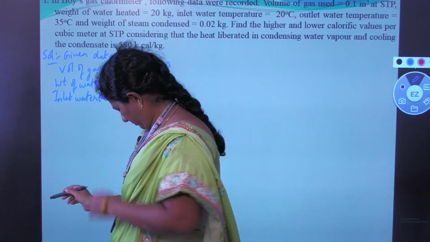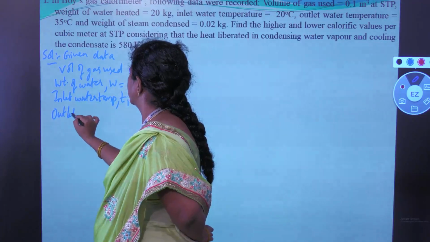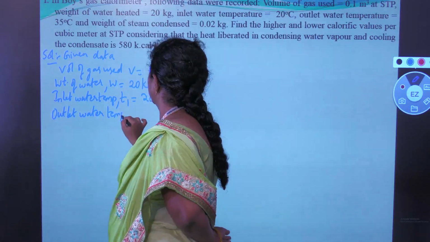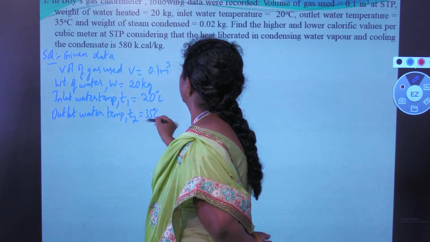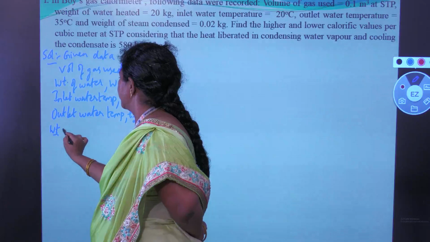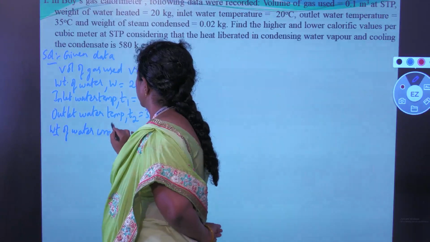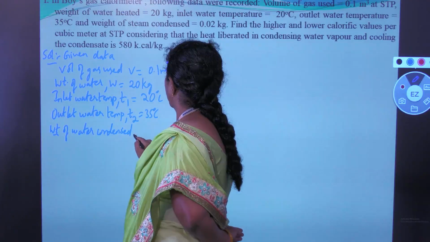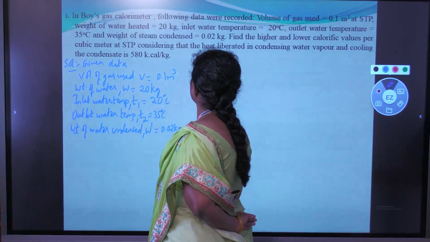Outlet water temperature T2 is 35 degrees centigrade. Weight of water condensed W dash is equal to 0.02 kgs.